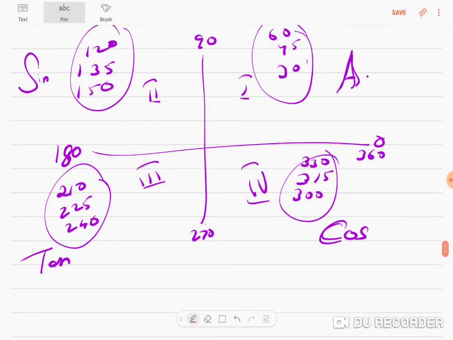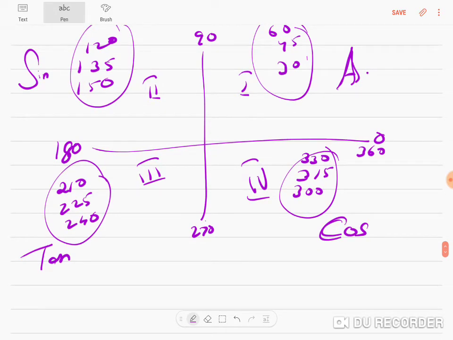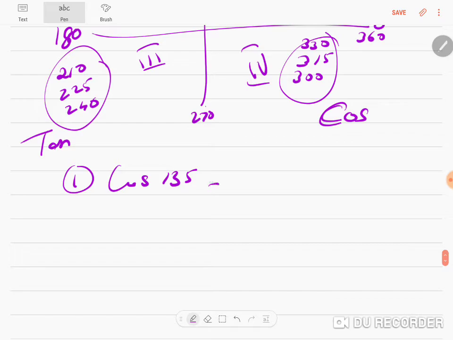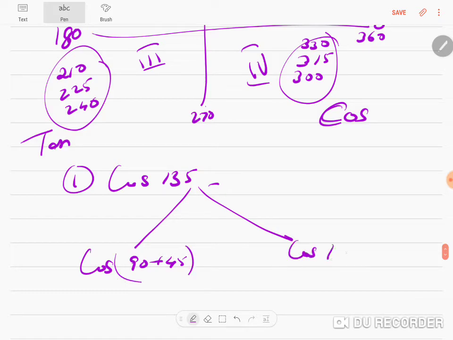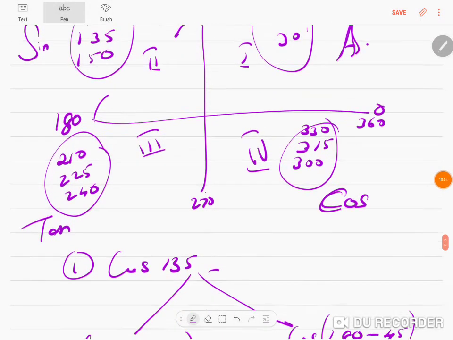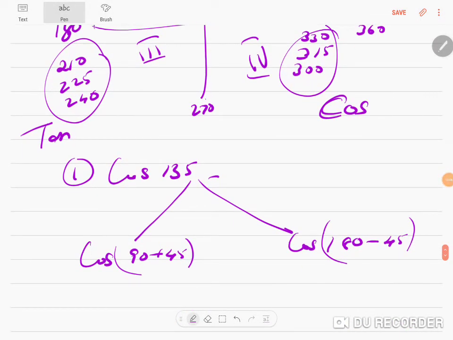See, supposing the question is cos 135. You can write this in two ways: cos of 90 plus 45 or cos of 180 minus 45, correct? I told you how you can write an angle in the second quadrant. You can either jump from 90 or from 180. So cos 135 is the question.